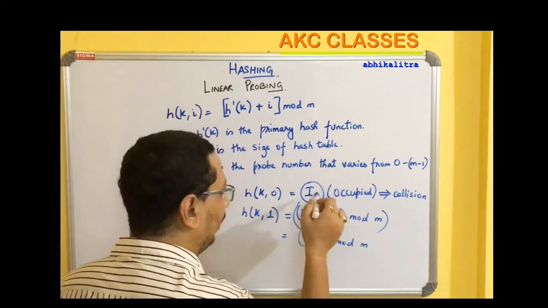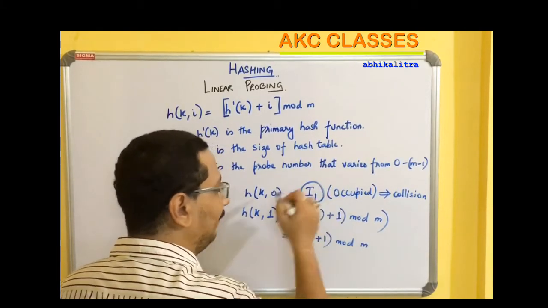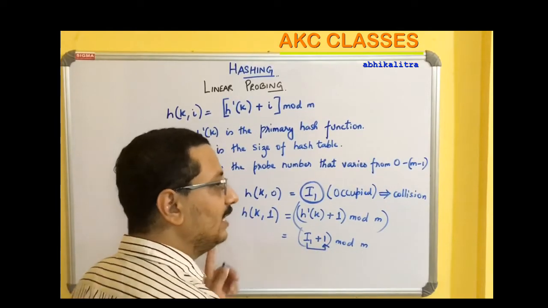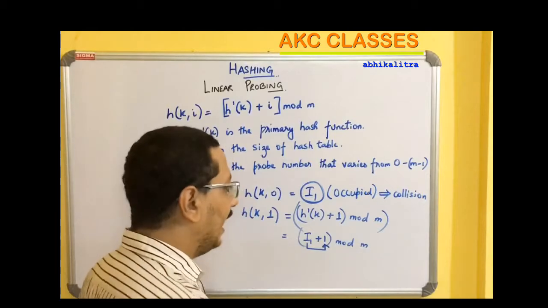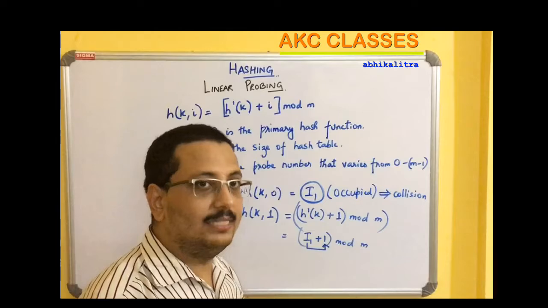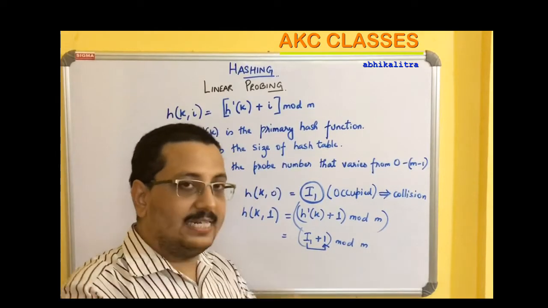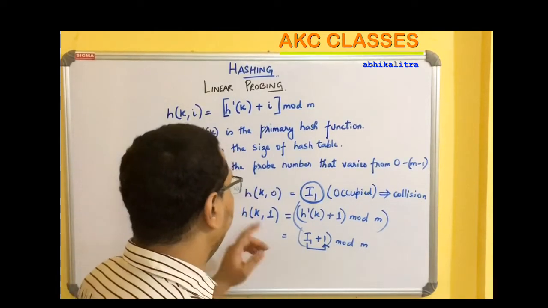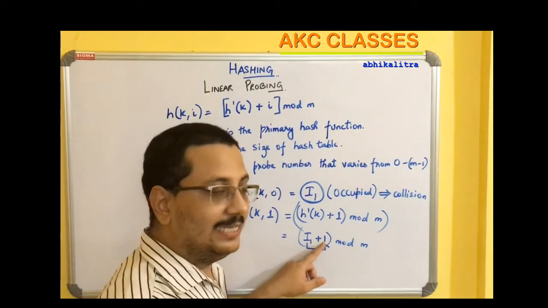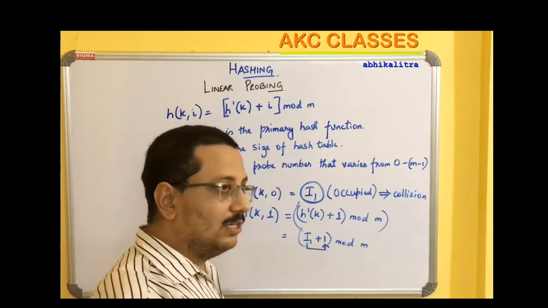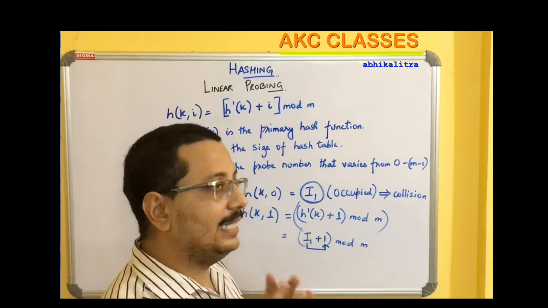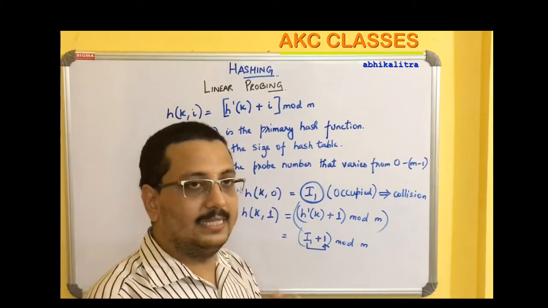Whatever location I obtained using the primary hash function, I am just moving to the next location and checking whether that location contains a sentinel value. That means it's a free slot, and if it finds a sentinel value, it is going to place the key k in the I1 plus 1th location. Or else the search will continue on and on until there exists no free slot in the hash table.